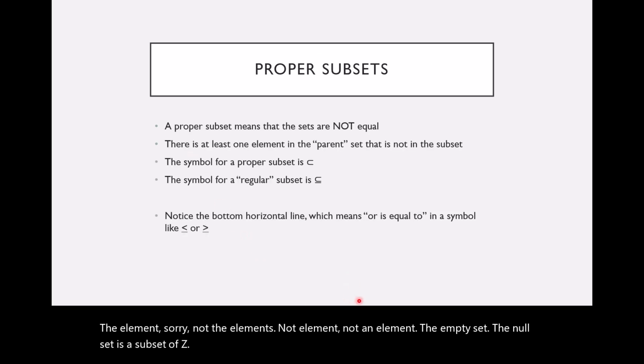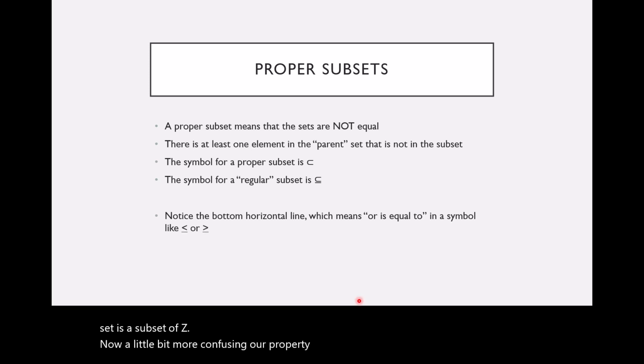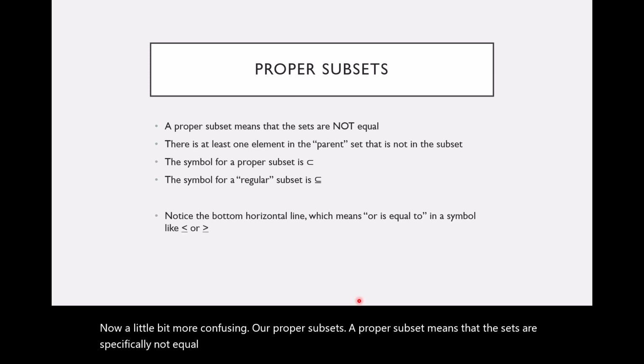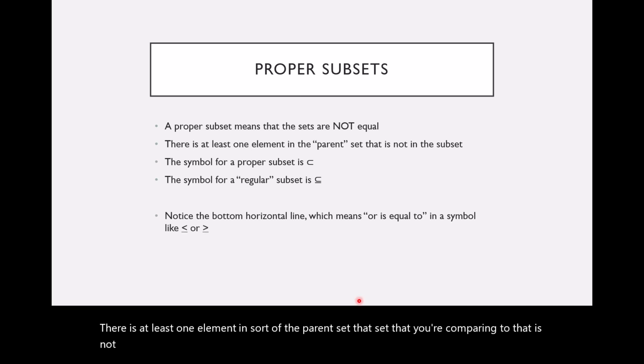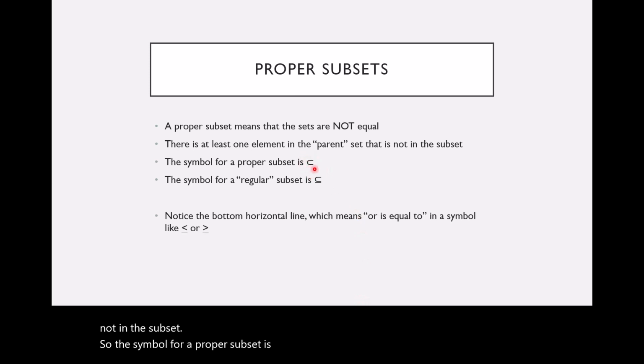Now, a little bit more confusing are proper subsets. A proper subset means that the sets are specifically not equal. There is at least one element in sort of the parent set, the set that you're comparing to, that is not in the subset. So the symbol for a proper subset is just that squished down C without a line under it.